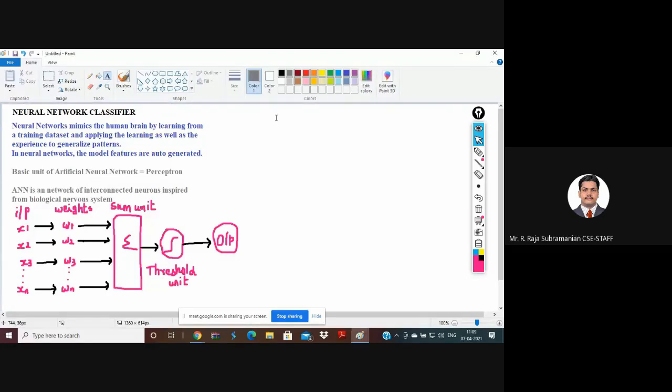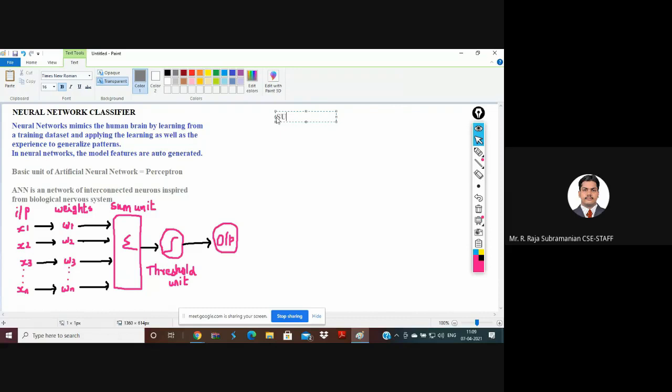If I want to state the summation, I can state the summation as sum is equal to a weighted summation over all the inputs, so I can say it as x star w. Which can be stated as x1 into w1 plus x2 into w2 and so on, up to xn into wn.